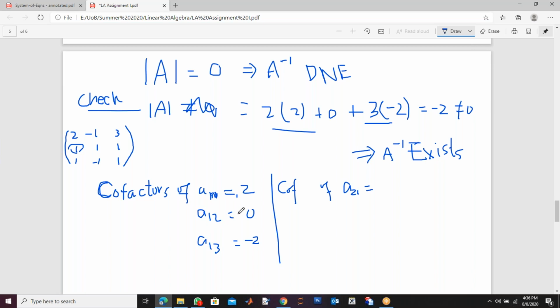If the sum is odd, it is minus. But the minus also comes from the determinant formula. So if you remove this row and column, I will get minus 1 plus 3, which is 2. If you get minus inside, minus minus will become plus.